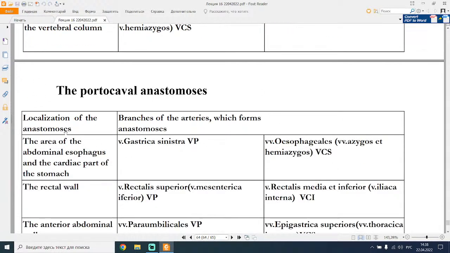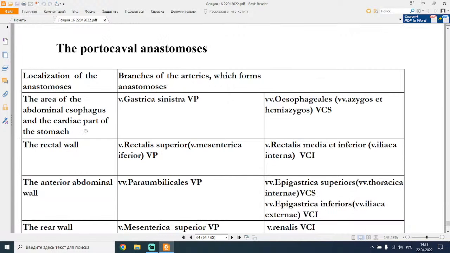Next table, the portocaval anastomosis. The area: the abdominal esophagus and cardiac part of the stomach. Anastomosis between vena gastrica sinistra and venae esophageae, which is vena azygos et hemiazygos.